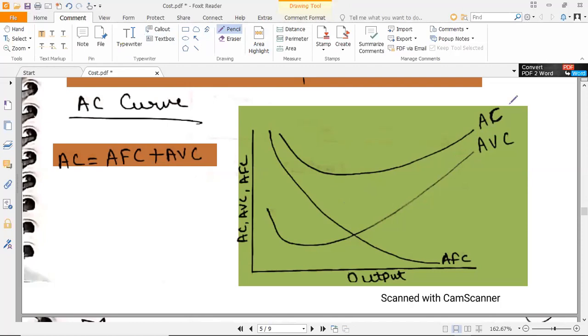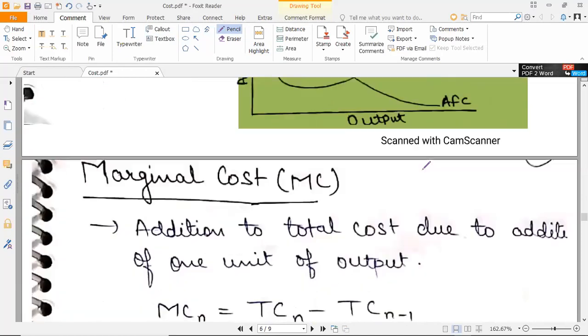This is because the difference between AC and AVC is AFC, and the value of AFC is continuously falling. That is why the gap between the AC curve and AVC curve is continuously falling.